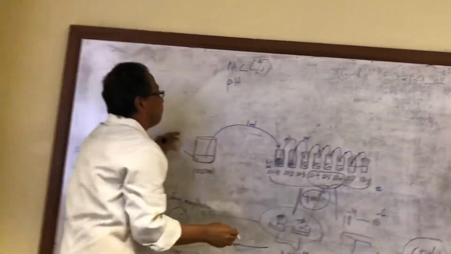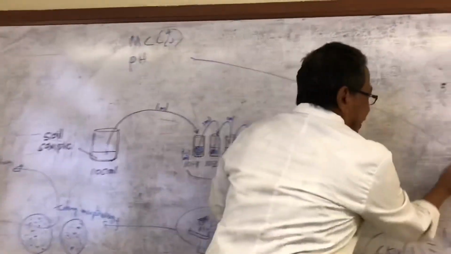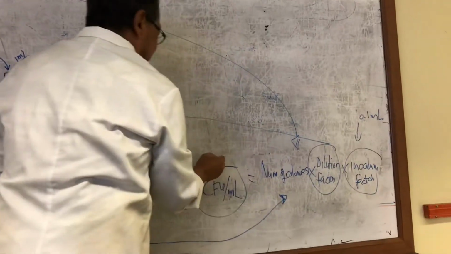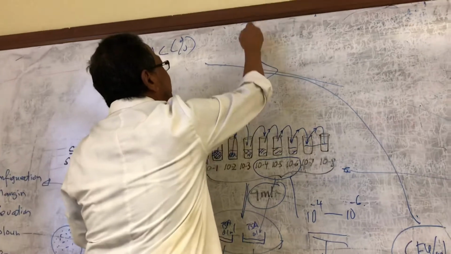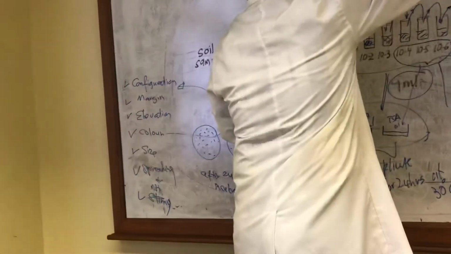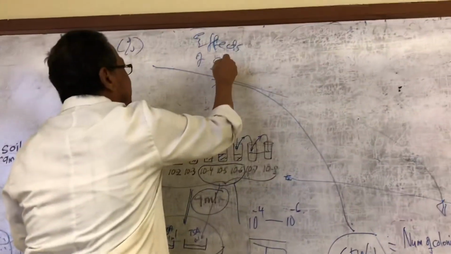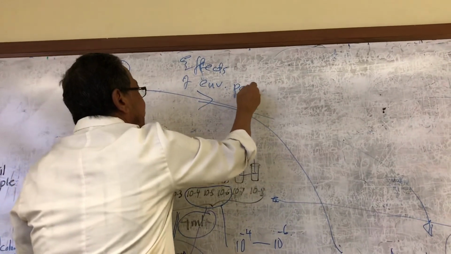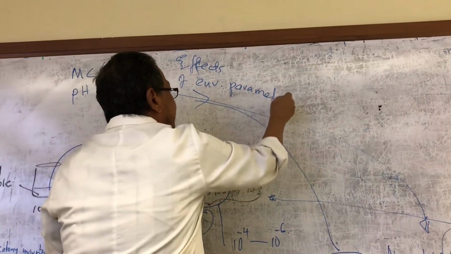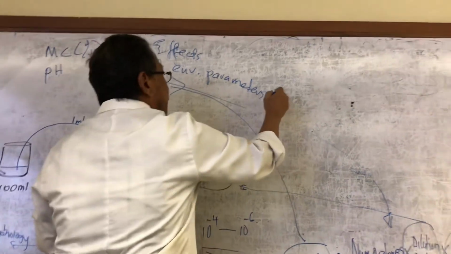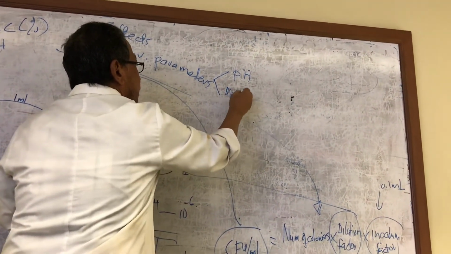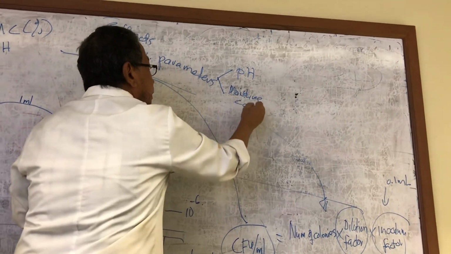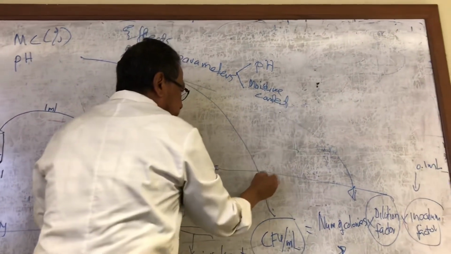So try to see the effects of the environmental parameters, that is pH and moisture content, towards the CFU. I've given you all the data.